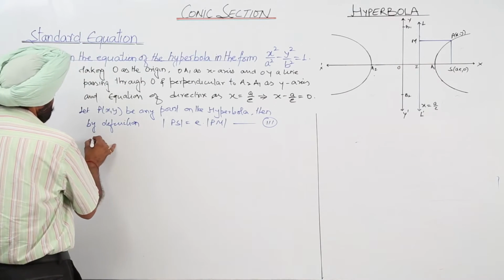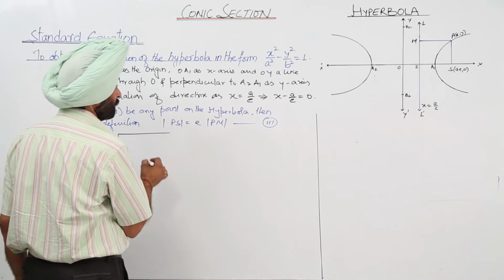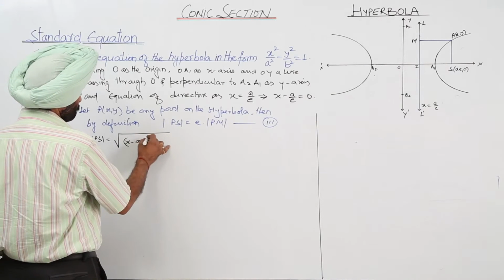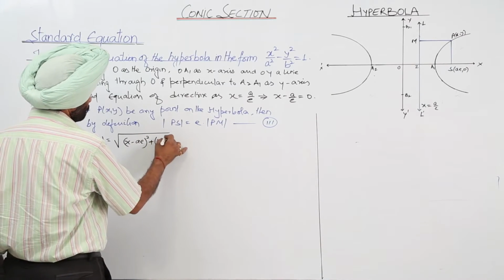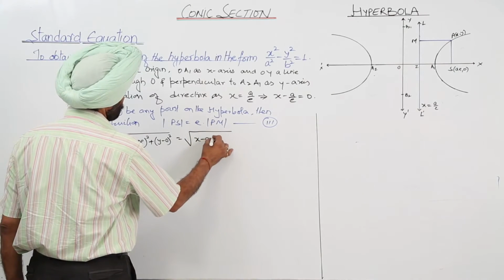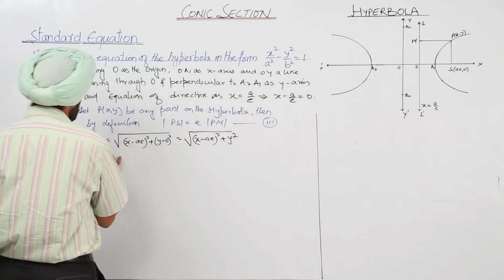Now what is PS? Using the distance formula, PS is the square root of (x minus AE) whole square plus (y minus 0) whole square. So this is equal to the square root of (x minus AE) whole square plus y square.